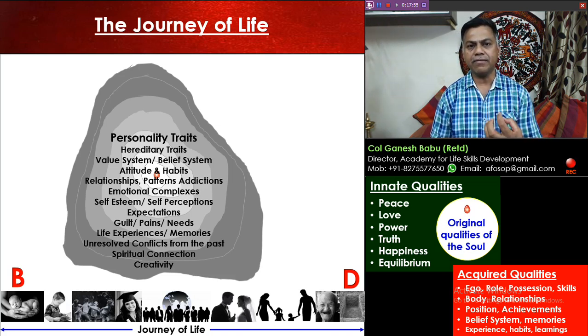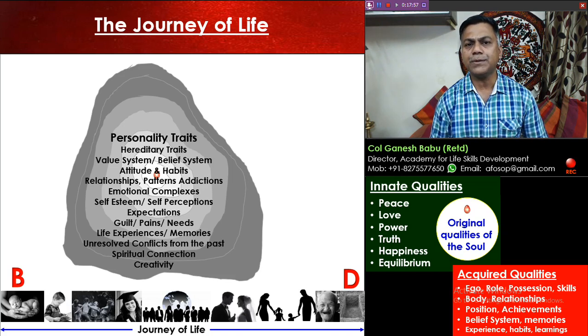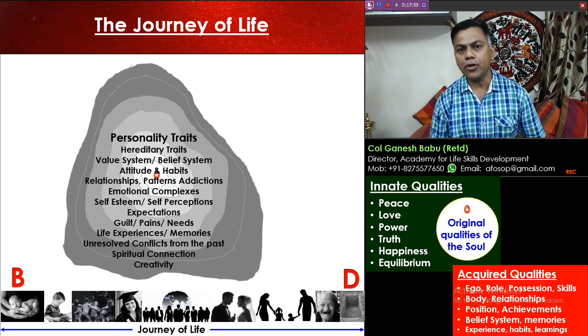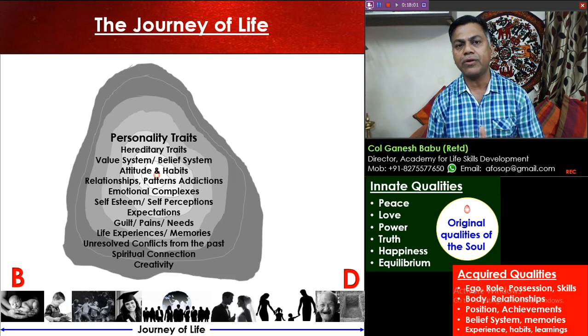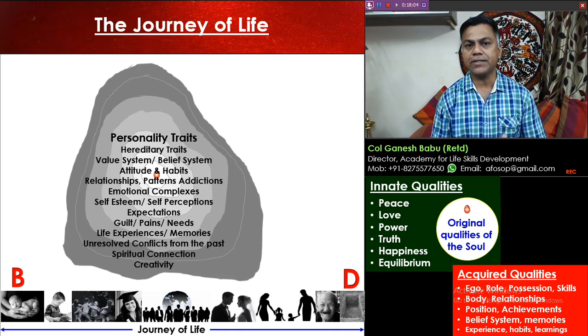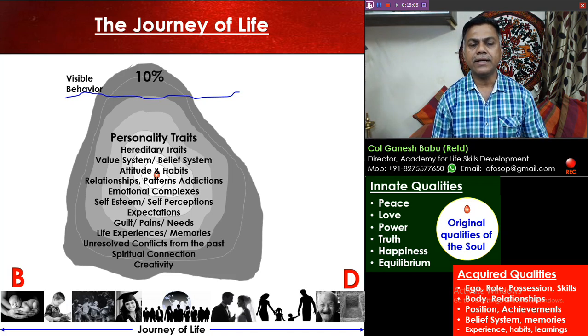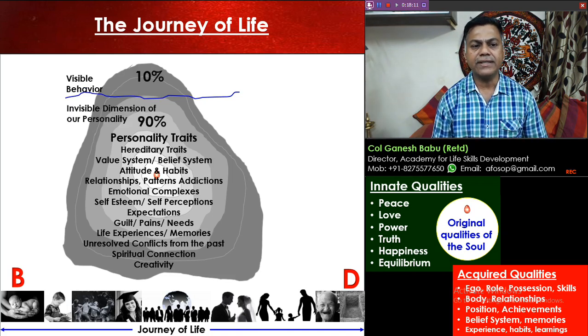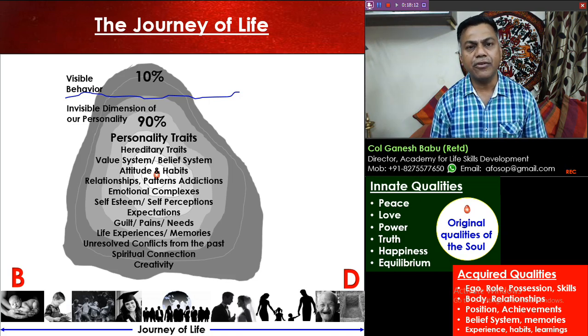So I have something fundamentally deep inside, the core value system, the innate qualities, and on top of these are the layers I've acquired over the period of my journey through life experience, good and bad. So they're clear cut: one is the visible behavior, and the other is the invisible personality of the mind.